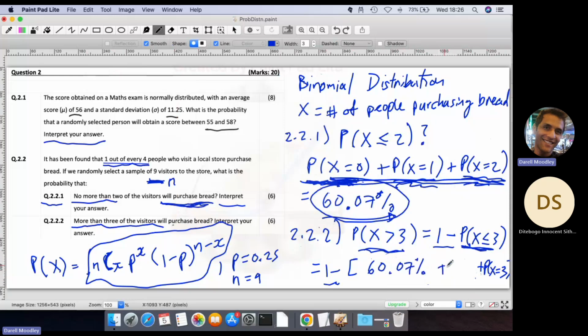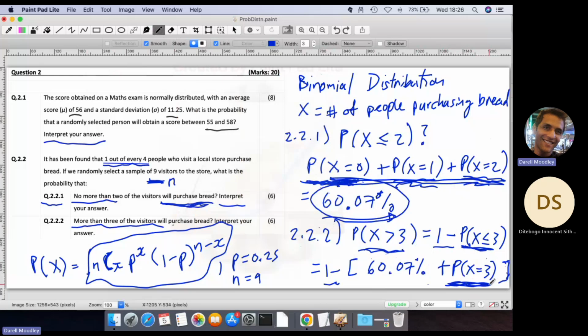So this is another way you can be more efficient, and reduce the amount of time you spend on questions. I'm just going to rewrite this a bit bigger here. There's only one probability I need to work out now, which is x equals 3. That makes it a lot easier.